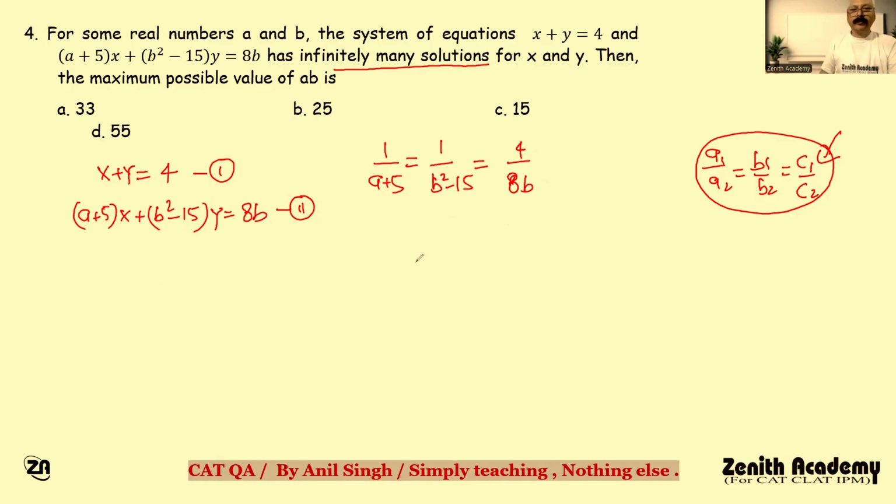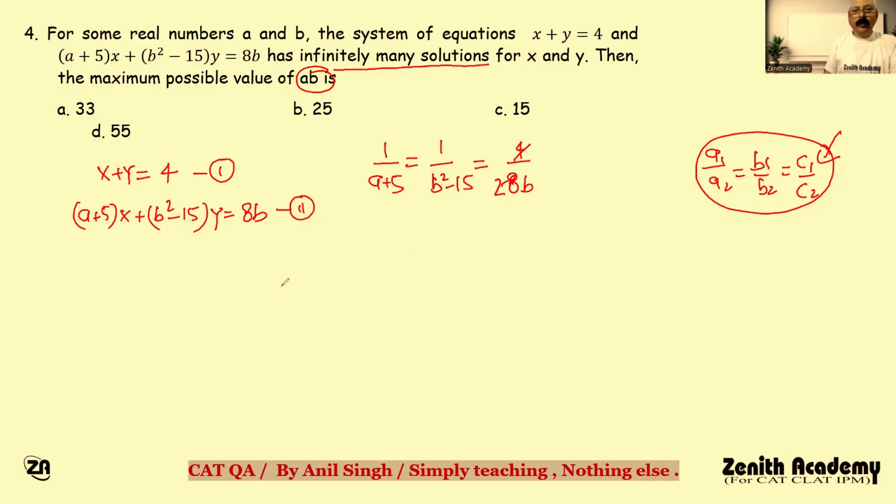So here use this. Now 1 upon a plus 5 is equal to 1 upon b square minus 15, is equal to 4 upon 8. So this is 1 upon 2. Now here we have to find the maximum value of ab, meaning the values of a and b are required. So look here.